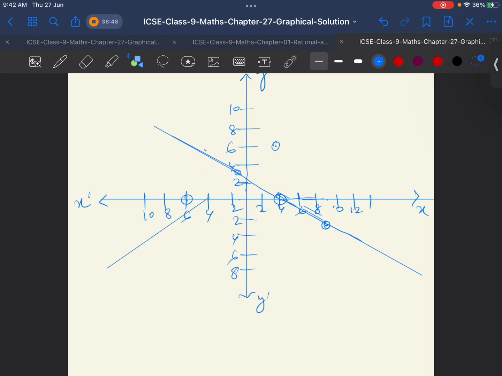So now we draw the line. Sorry, this is the line. This is the required line. So this is the line.